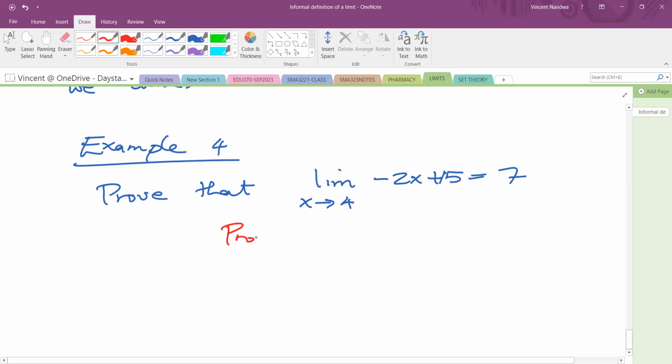So, proof. As usual, we start by giving the definition of limit. Let epsilon greater than 0 be given.